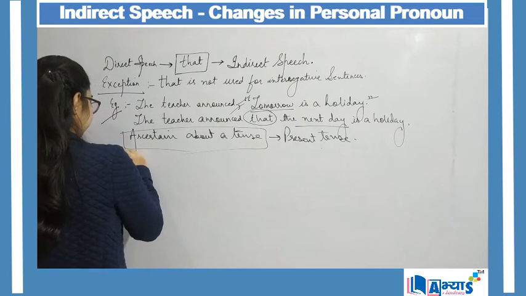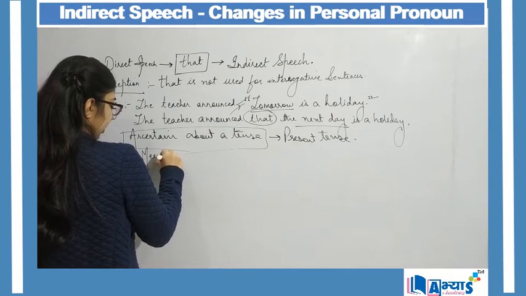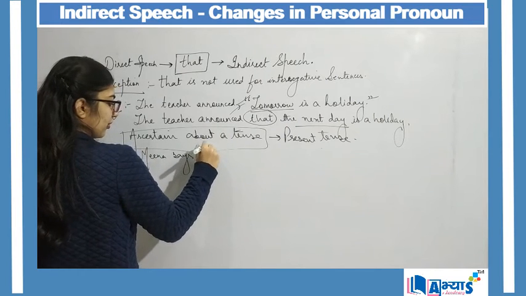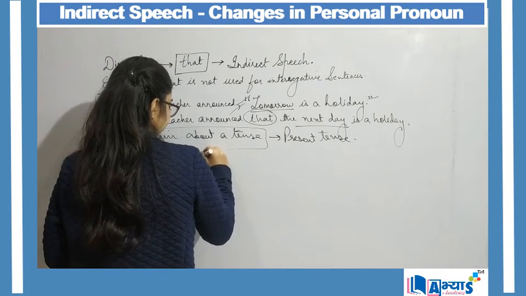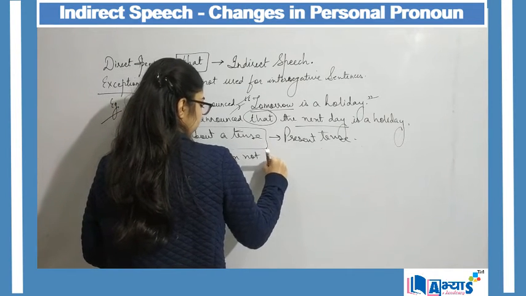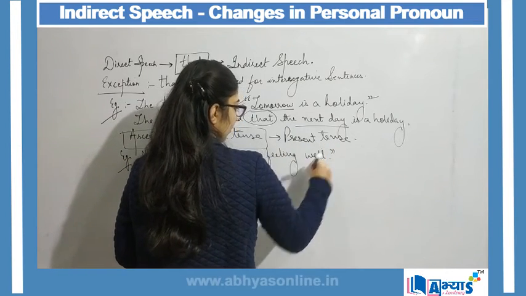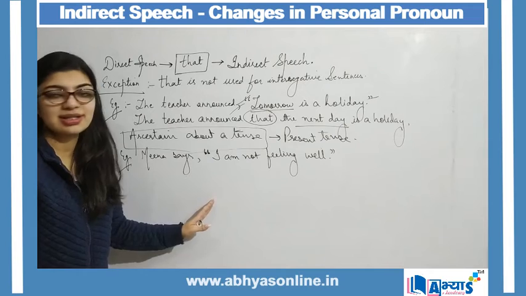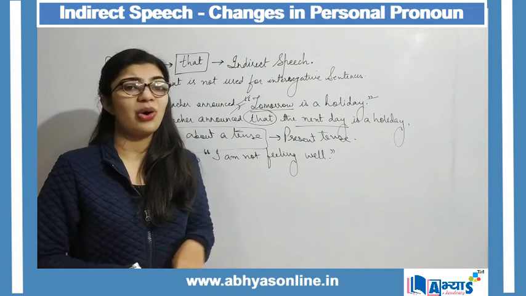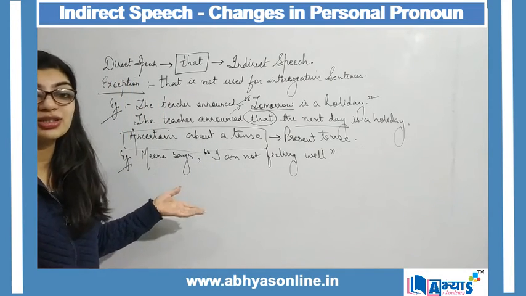For example, Meena says, I am not feeling well. Now here Meena says, now I don't know whether she's talking about right now or anything. It's just I'm not sure about the tense. I'm uncertain about the tense.